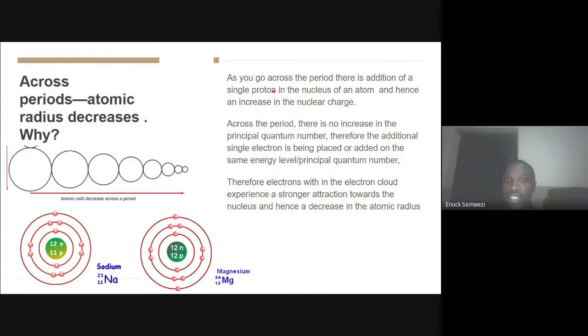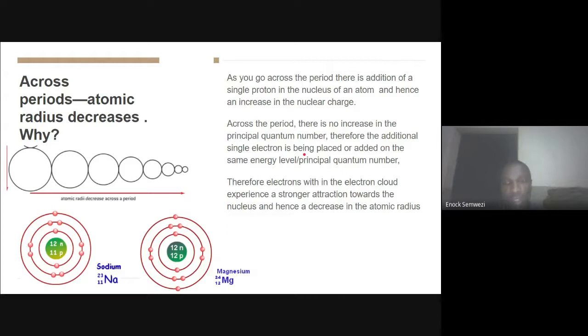Let's look at the simple explanation I put down here. As you go across the period, there is addition of a single proton in the nucleus of an atom, and hence an increase in the nuclear charge because the nucleus is becoming more positive. Also across the period, there is no increase in the principal quantum number. Therefore, the additional single electron is being added on the same energy level.